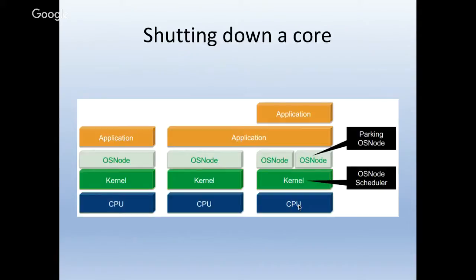We call this core's OS node removed to a kernel that already has an OS node, temporarily parking the OS node. And we can already notice this approach is highly scalable, as we only involve two cores in the process. We don't need to coordinate in the system. What happens next? We can either move it back to the previous core or move it somewhere else.